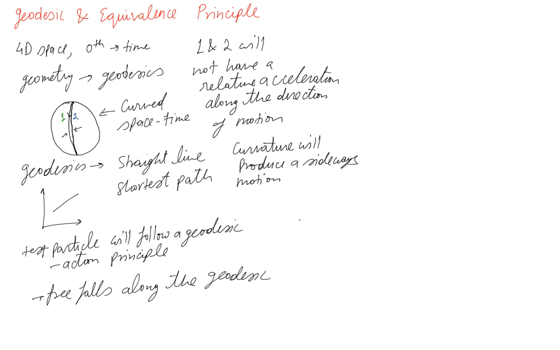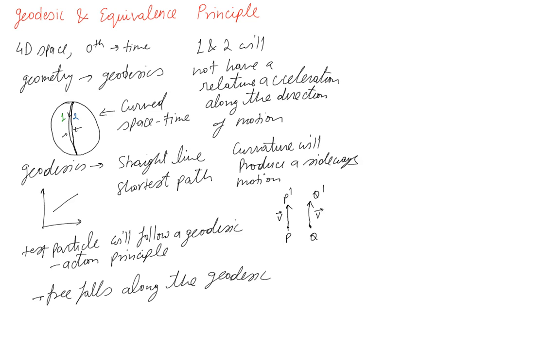So to understand this, let's say we have two particles and they are moving along two geodesics. Let's say the velocity vector is v. The same guy for a certain instant of time moves like this. Let's say this is p, this is q, and this is p prime, and this is q prime.